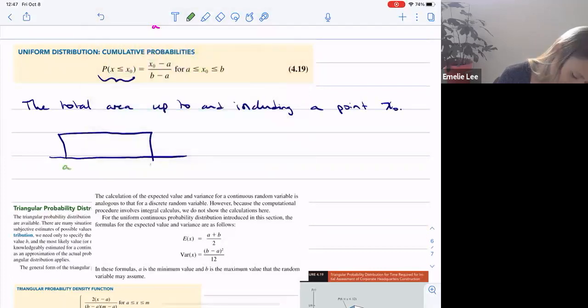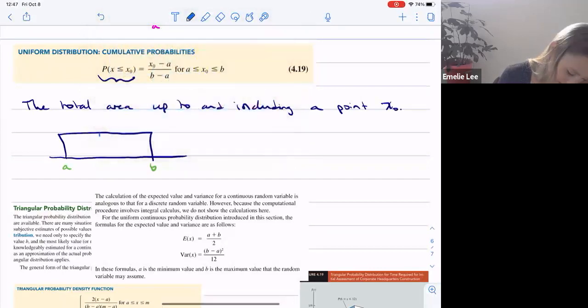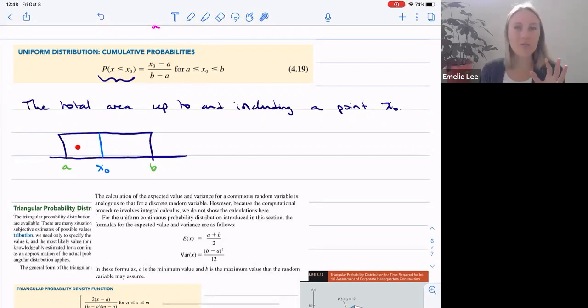So if I have a to b, and x naught is maybe some point here, then this formula tells me the area between a and x naught, okay? If I had just asked you to find the area of a to x naught over the total area, which is the total probability, then what is that as a fraction of the distance from a to b?